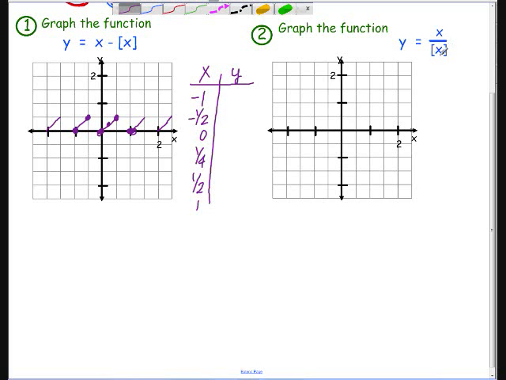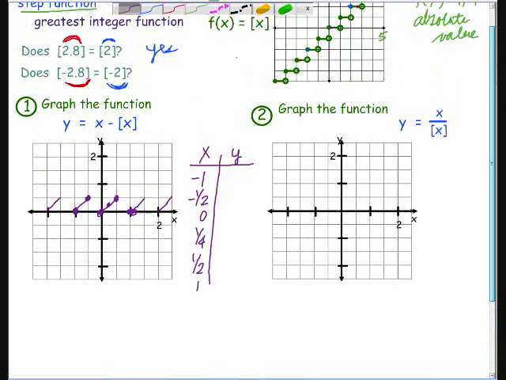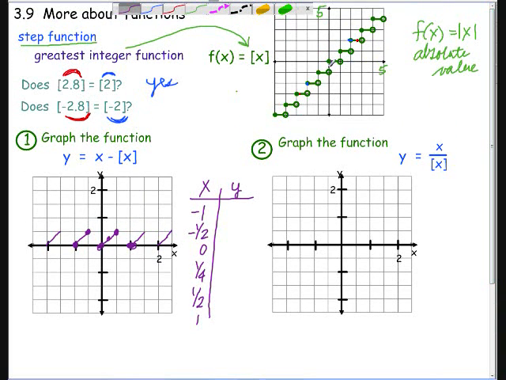There's no way I can have this greatest integer function be equal to 0. I can't put anything in that will make this 0. So I can't put in 0. I have to say that x cannot be equal to 0.